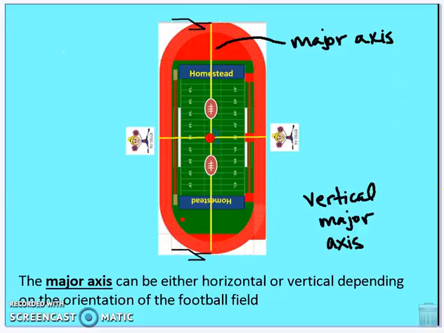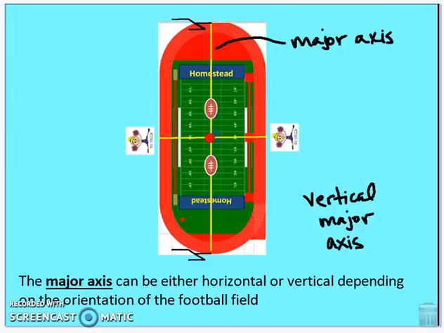Okay, so it's possible to have a major axis that's vertical and not horizontal. And we'll go through the different equations for both vertical and horizontal major axis. But as far as we're concerned for now, the major axis does not have to be horizontal. It can be either horizontal or it can be vertical.